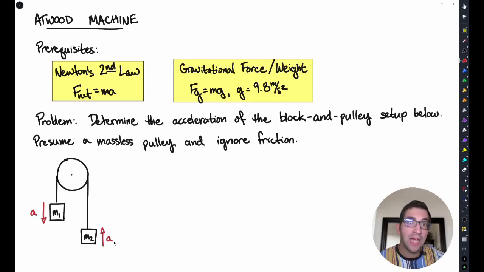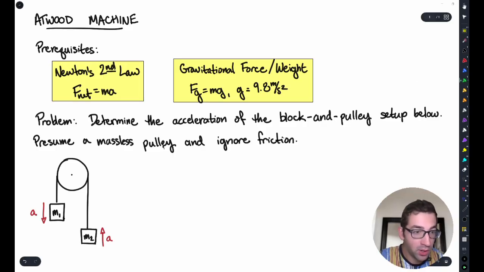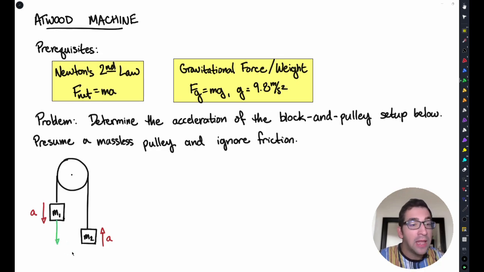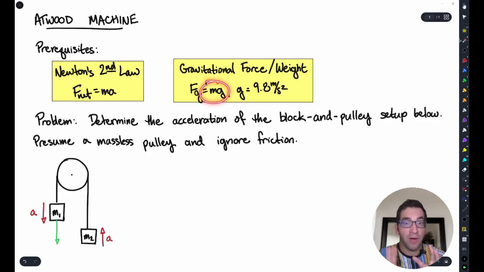For the block on the left, mass 1, we, of course, have a gravitational force down. That's non-negotiable if we're on Earth. So we have a gravitational force going this way. That gravitational force has a value that's given by the gravitational force formula. It's the mass of the object times g. g is always the same constant value as long as you're on the surface of the Earth.